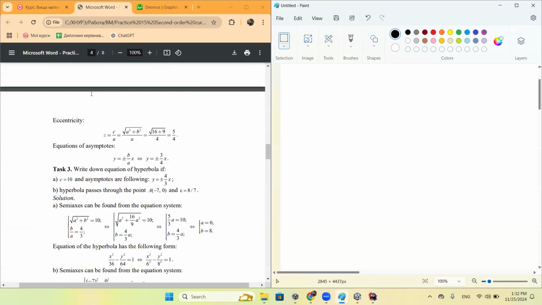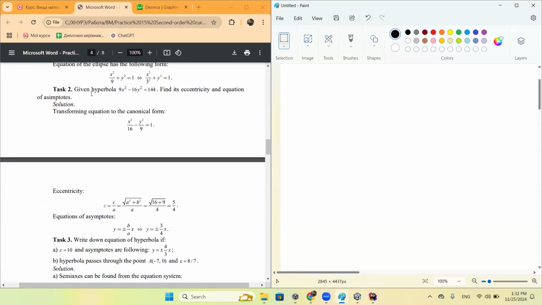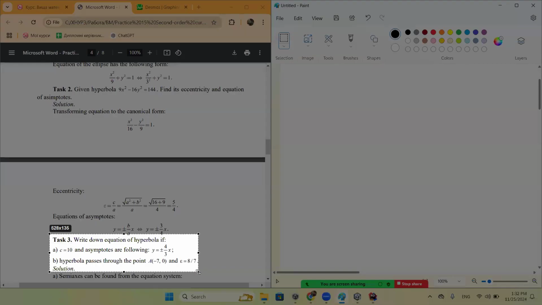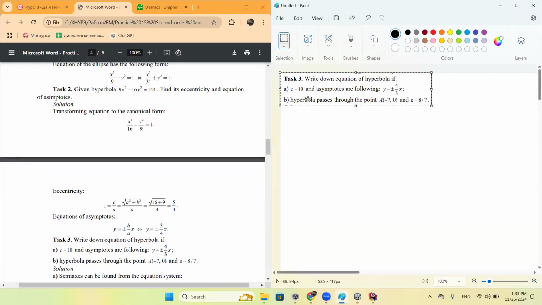So the next task is to write down equations of a hyperbola when we have the following conditions. For part A, we need to find A and B. How do we find them?